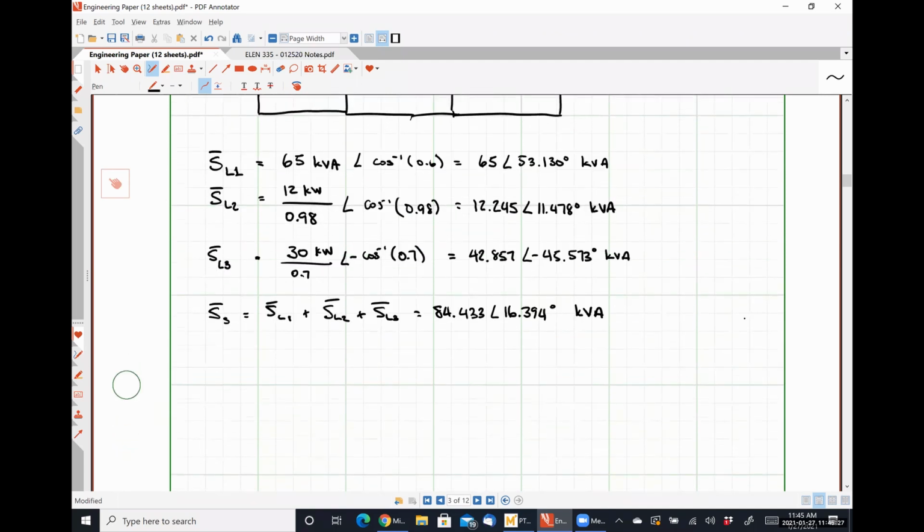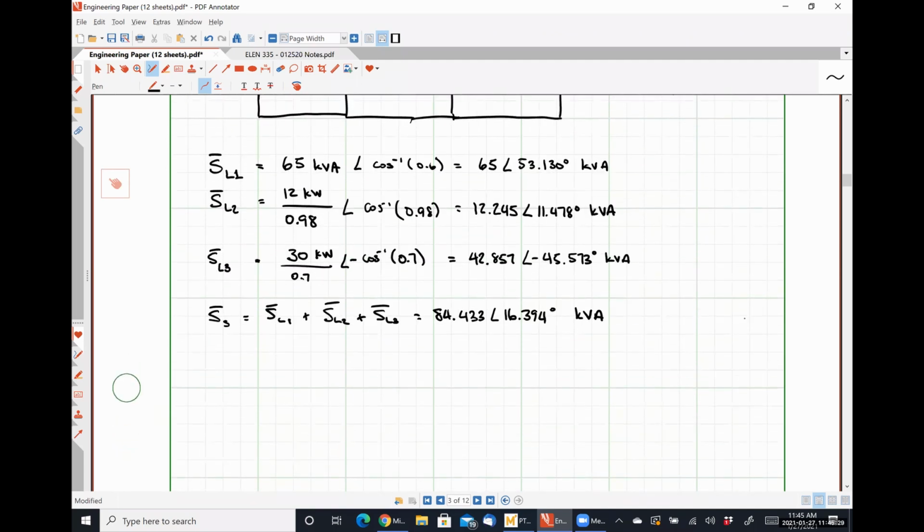All right, so from this, how can we determine our RMS current? Right?